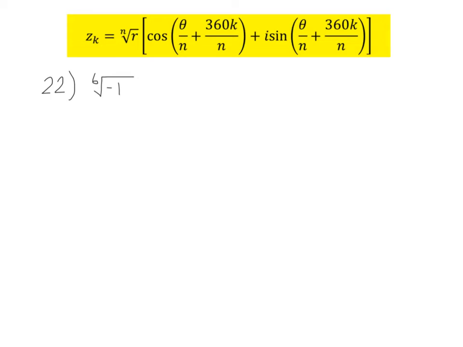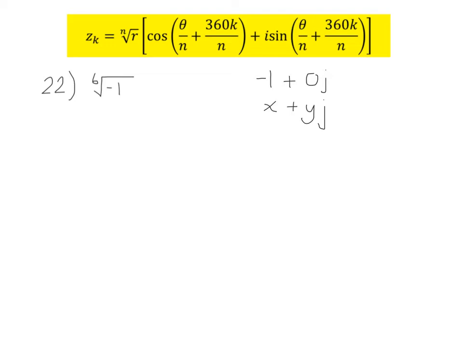So the first thing we want to determine is the value of n, r, and theta. Let's first identify that the number -1 is a real number. So it is the real number part of x plus y, j. There is no j in that number, so the imaginary part of that is 0.